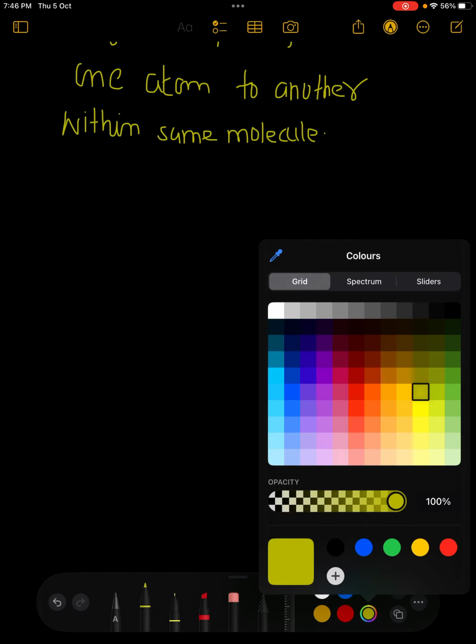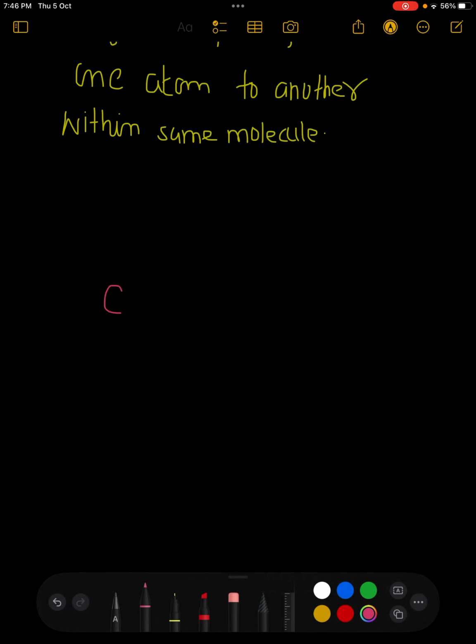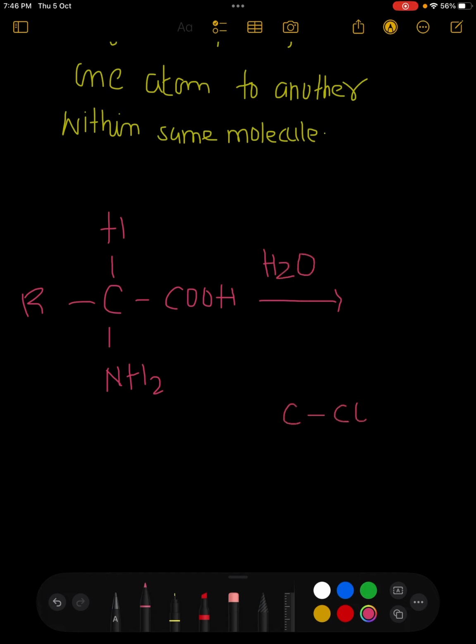For example, consider we have an amino acid which is R C double bond O, here NH2, and here hydrogen. If we dip this in water, there will be a process of rearrangement and it will be converted into C minus NH3 R hydrogen.